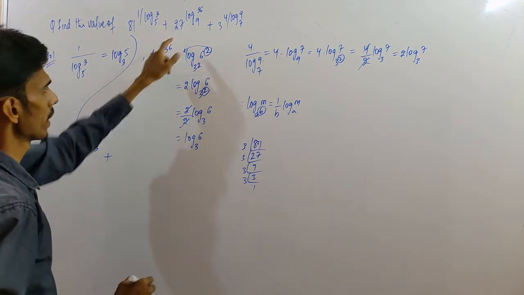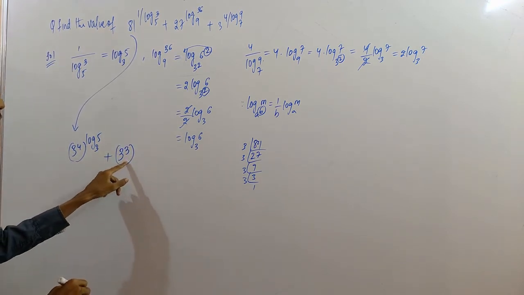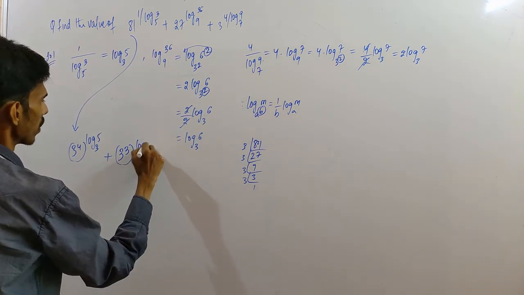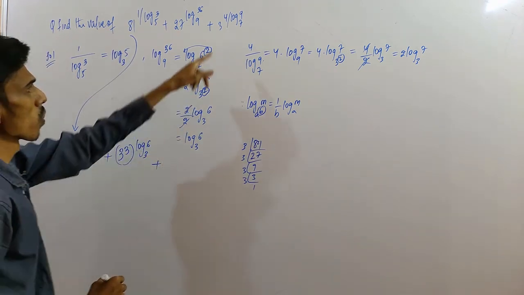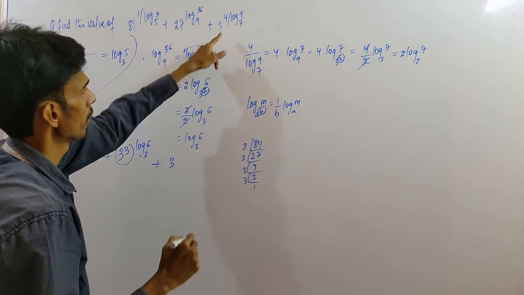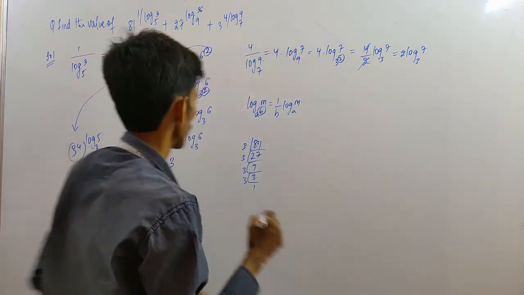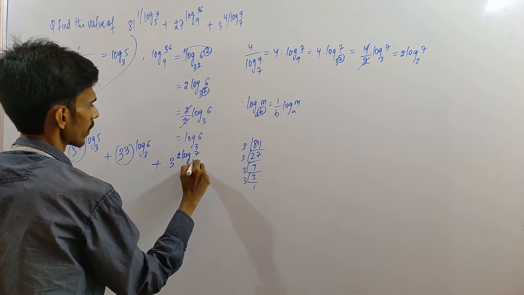Plus 27 can be written as 3 power 3, since 3 3s are 9 and 9 3s are 27, with log_6 3 as the power. Plus 3 power 4 by log_9 7, whose value is 2 log_7 3.